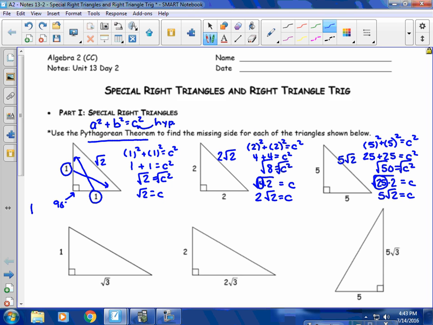So if three angles add to 180, I've already used that as 90. That means I have 90 left to work with. So between these two angles, I have to get 90 degrees. Since they're equal, if I just divide 90 by 2, that means that each of those angles is 45. And that's going to be true whenever you've got a right triangle with two sides equal. You have a 45, 45, 90 triangle.